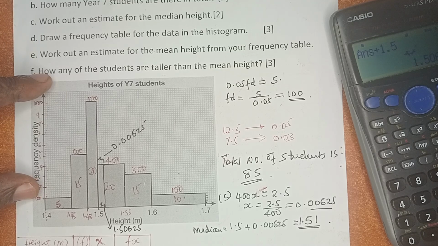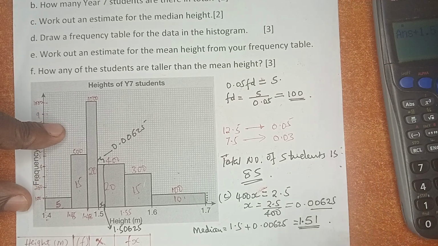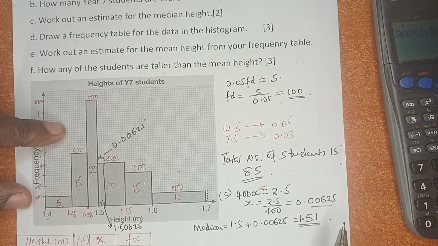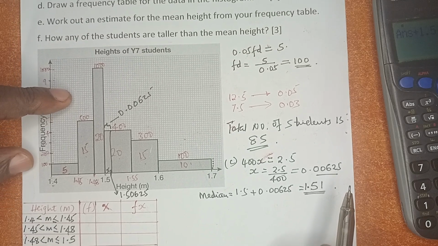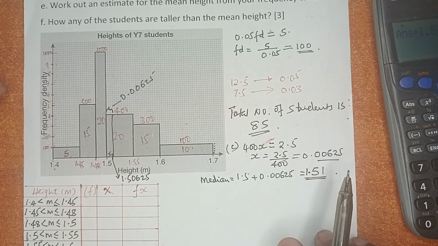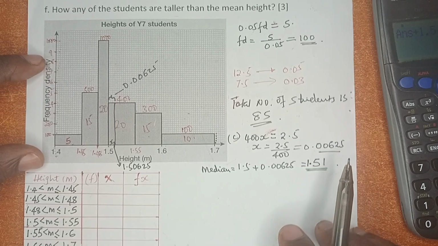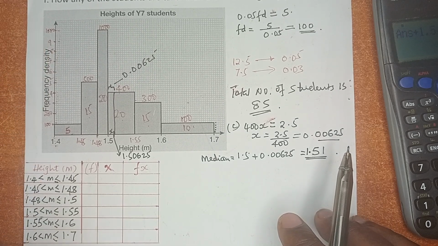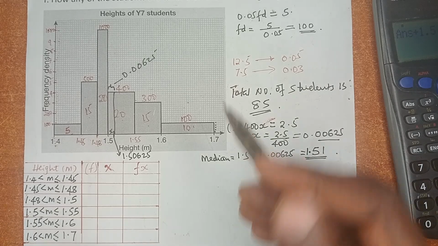What about part D? Part D, we are asked to draw a frequency table for the data in the histogram. A frequency table is where we have all the classes and of course the frequencies. And it is easy now that we have had details of different bars.